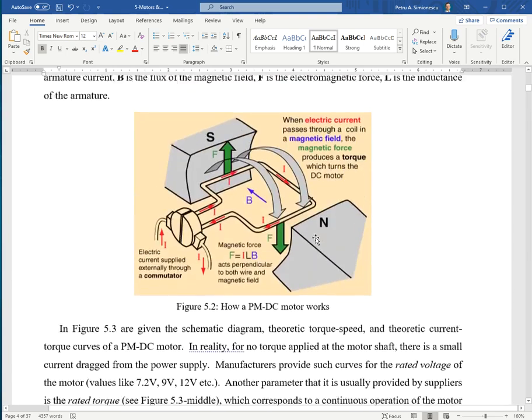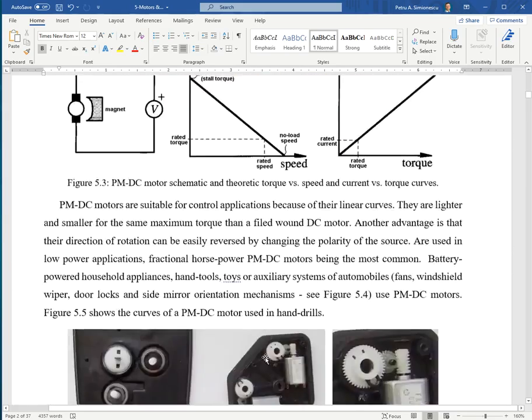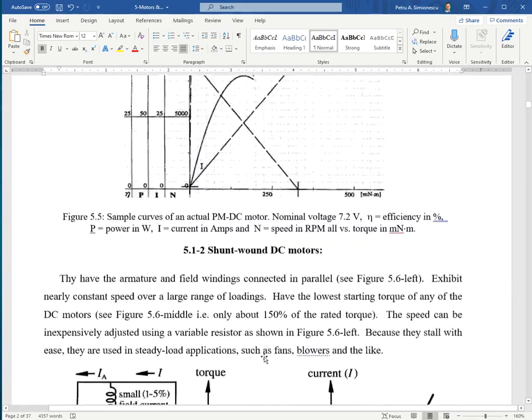So if you look at this figure again, the magnetic field comes from a permanent magnet, but you can instead use a coil to produce this magnetic field. It is DC current running through the coil, so this field is a steady field, but by adjusting the current through the stator coil, you can reduce the B value, and with it control the speed of the motor.